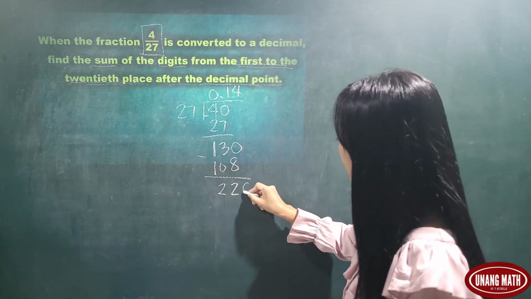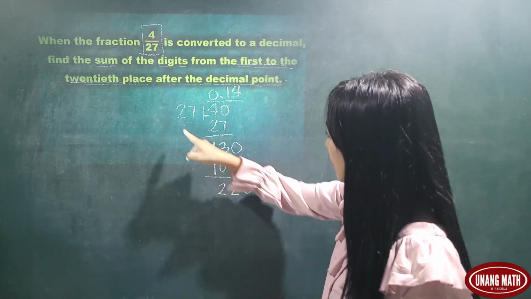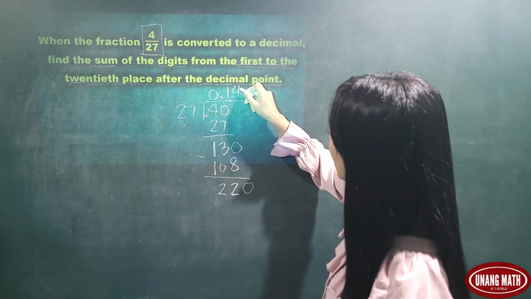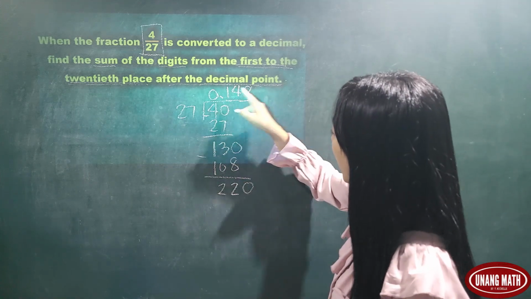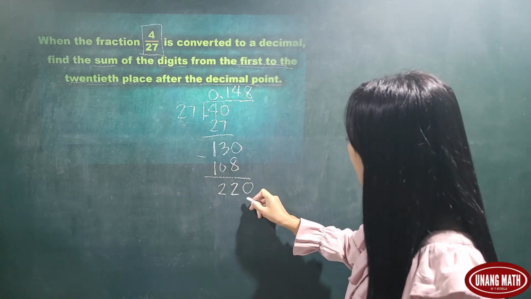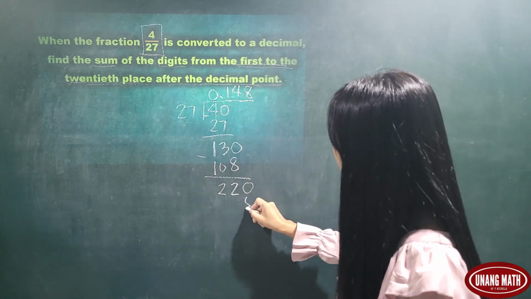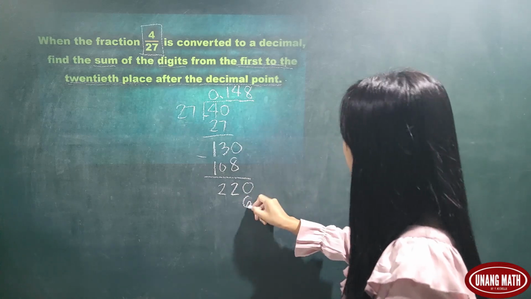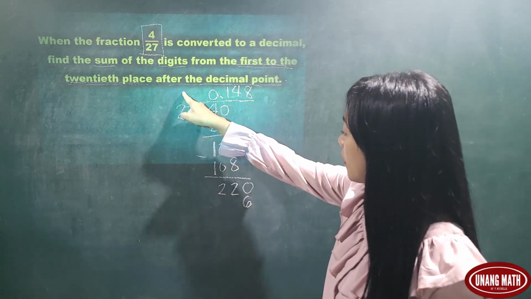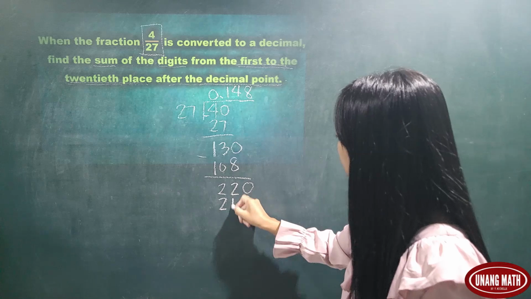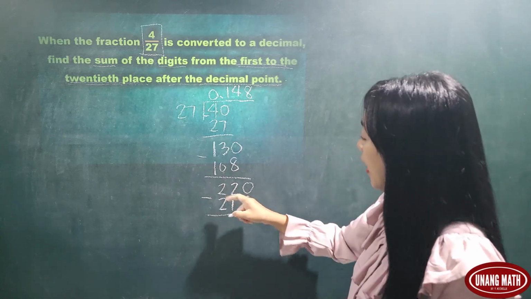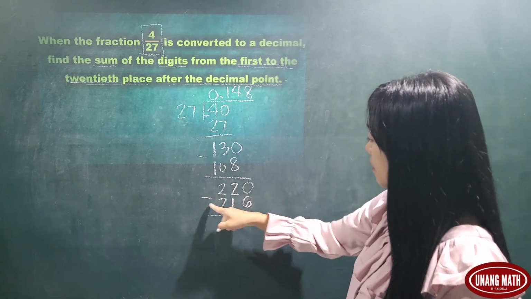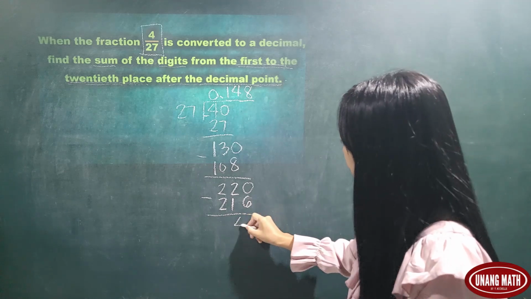Okay, add another 0. So 220 divided by 27 is equal to 8. 8 times 27: 8 times 7 is 56, so 6 is here. 8 times 2 is 16 plus 5, so it's going to be 21. So 216. Okay, let's subtract: 220 minus 216 is 4.